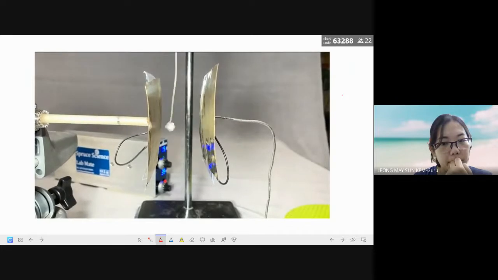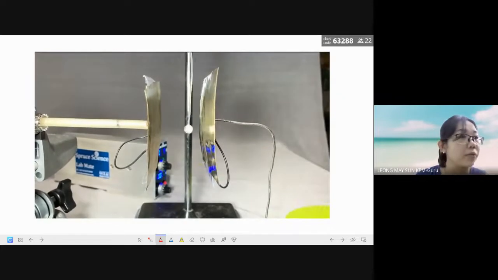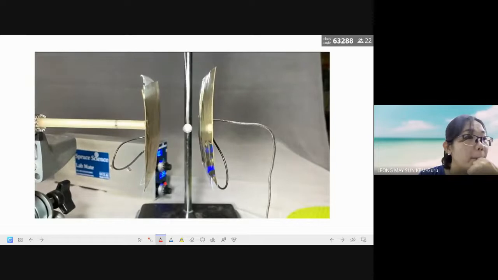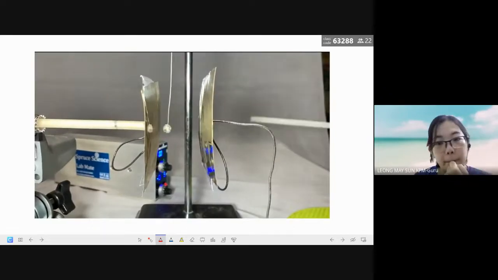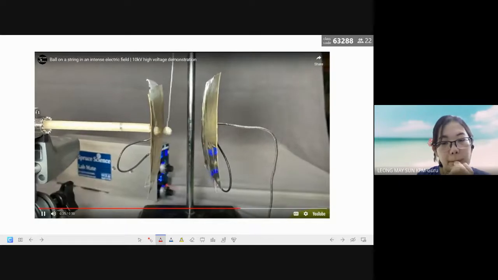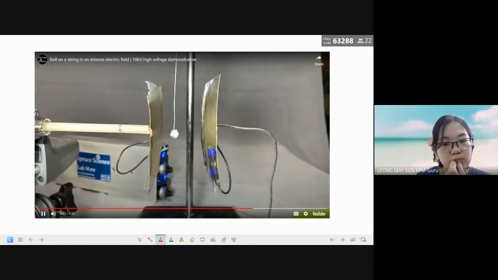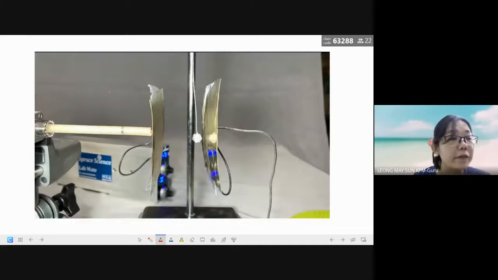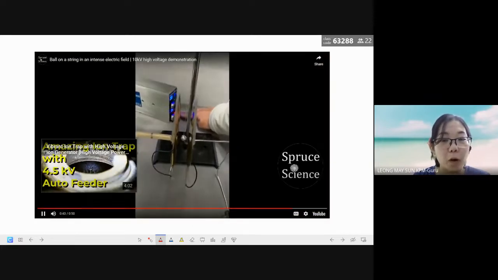Upon touching, it charges up to positive polarity, so it will keep bouncing to and fro. Same charges repel, but opposites attract. So it swings towards the ground side, then repeats.